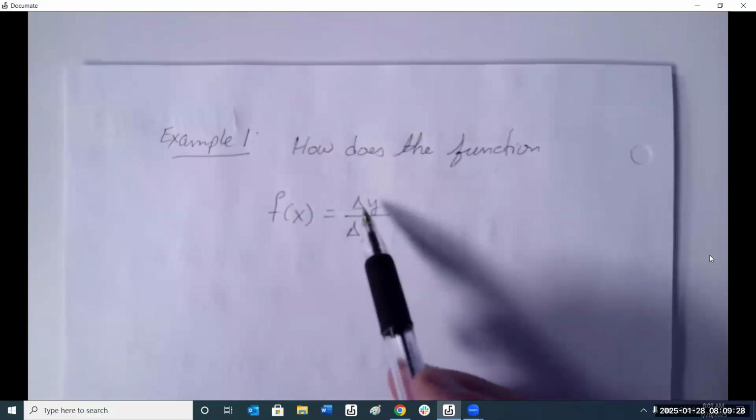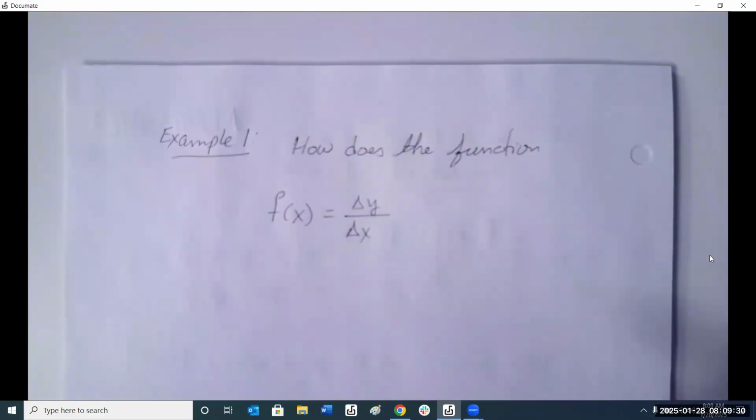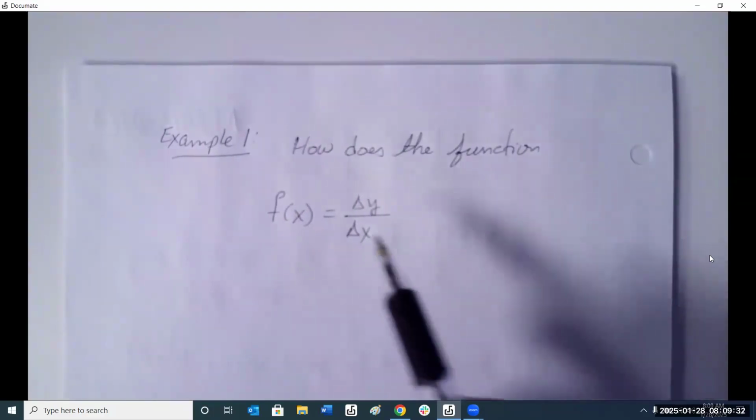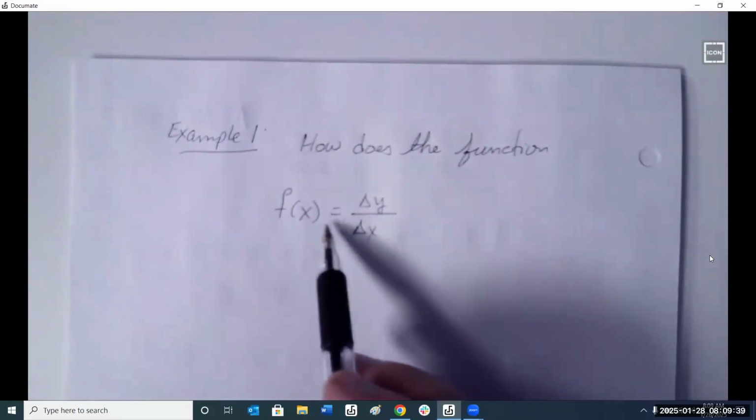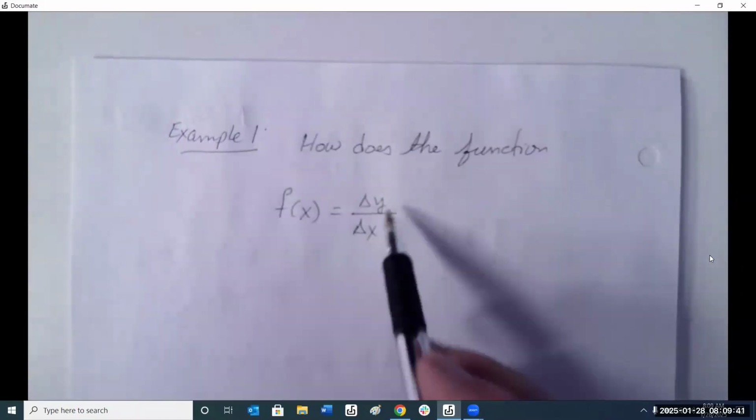We talked about it last week. What do these symbols represent here? The change of y over change of x. What does that represent? Slope. So we're looking at the difference of y and the difference of x, which is a slope.